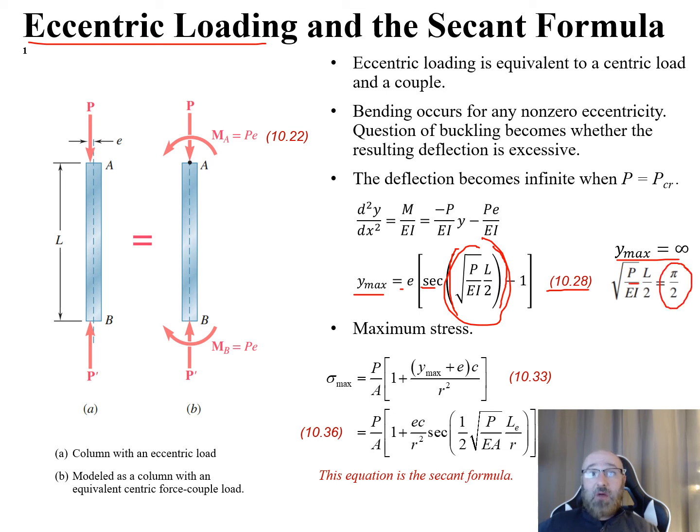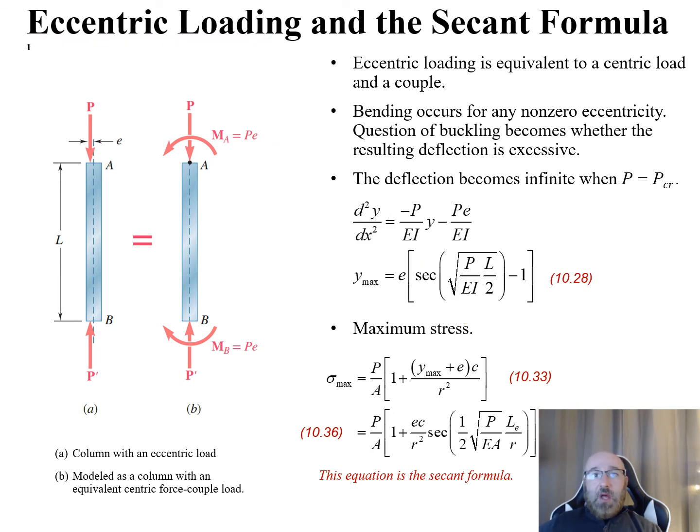So if we plug in a pi over 2 over there, this makes our Y max become infinite. So now if we want to discuss our maximum stress, we have this equation 10.33 from our textbook, where our sigma max, our max stress, is equal to our load over area times 1 plus Y max plus that distance E times C all over R squared.